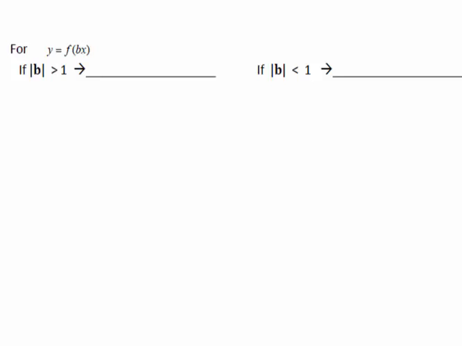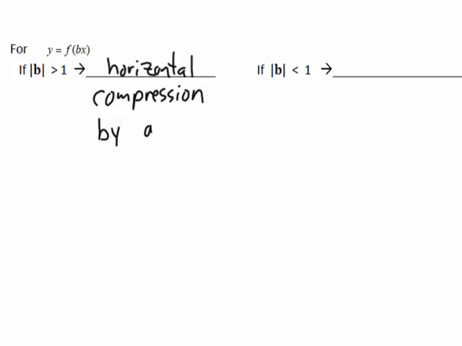So inside the function, b is going to tell us we have a horizontal compression. We squeeze that graph, and it's a horizontal compression, but this time it's by a factor of not just the number, but the reciprocal of that number. If it was 2, we multiplied by a half. If it was a half, we multiplied by 2. So b, if it's greater than 1, it's a horizontal compression by 1 over b.